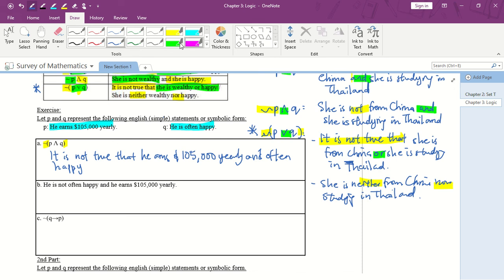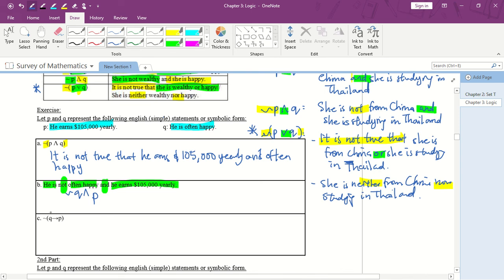Okay, so the next one, he is not often happy and he earns $105,000 yearly. So remember, he is often happy is Q, but since we have a not, we have a negation Q, and here it uses and, so we have an and sign here, and he earns $105,000 yearly, so we have a P here, and here it will be negation Q and P. And the next one is somehow a little bit complicated.